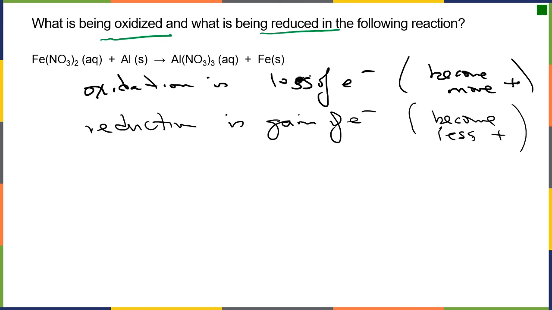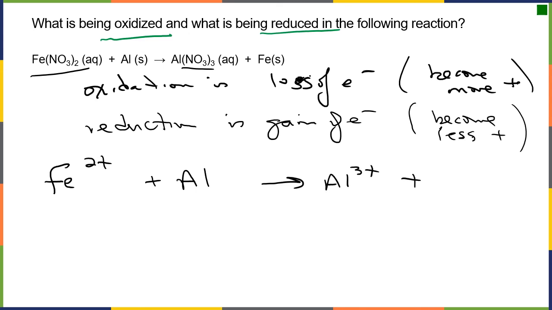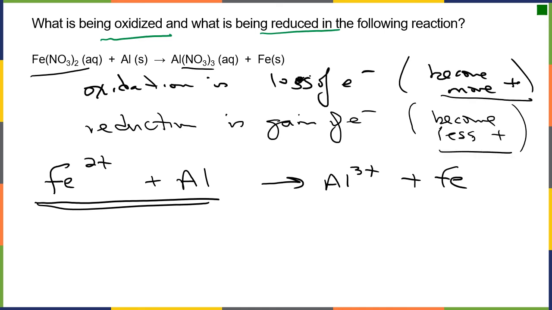So with that thought in mind and realizing that nitrate is a spectator, we have Fe2+ reacting with Al going to Al3+ and Fe. And when we determine what is being oxidized and what is being reduced, we always start at the reactants. So we have to see what is becoming more positive and what is becoming less positive.